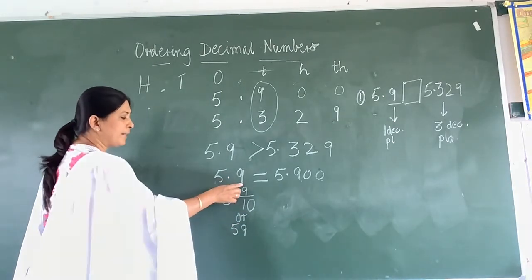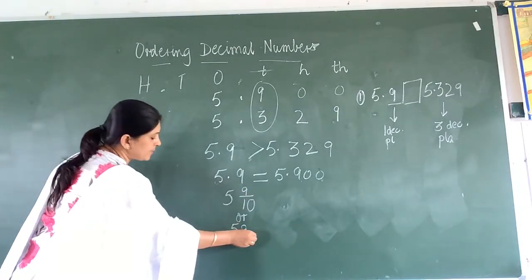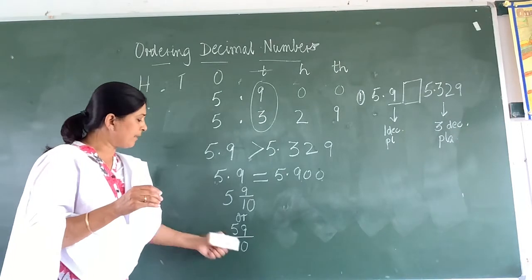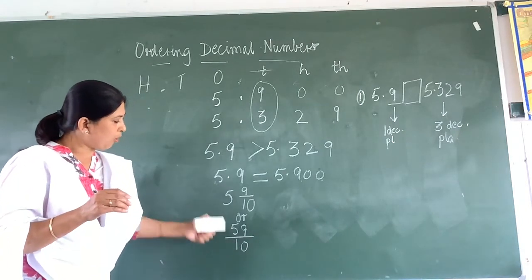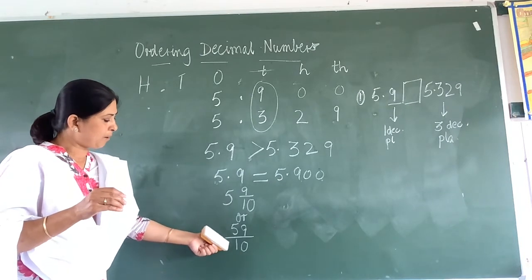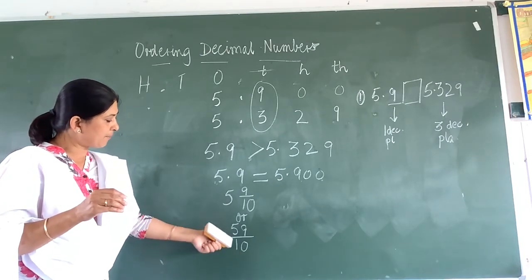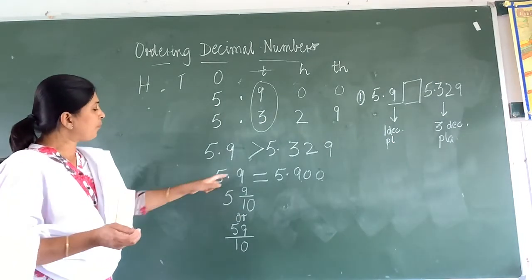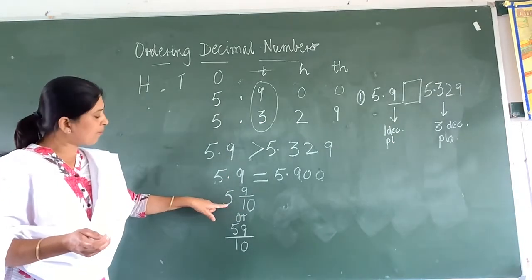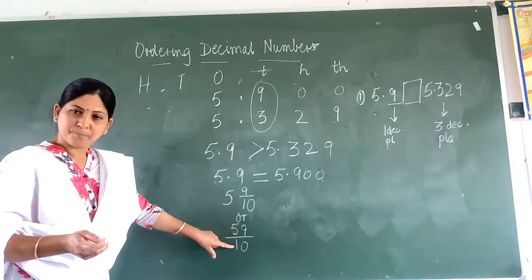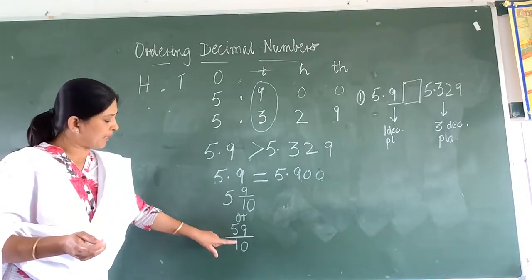And there is only one digit after the decimal point, which means the denominator will be 1 and 0, that is 10. So 59 over 10, or 5 whole 9 over 10. See, 59 over 10 is an improper fraction. When we divide 59 by 10, we get the mixed fraction 5 whole 9 over 10. So 5.9 in mixed fraction form means 5 whole 9 over 10, and in improper fraction form it means 59 over 10.